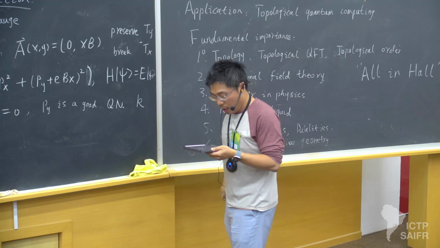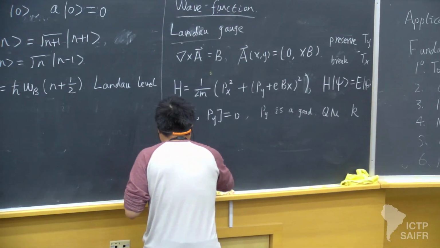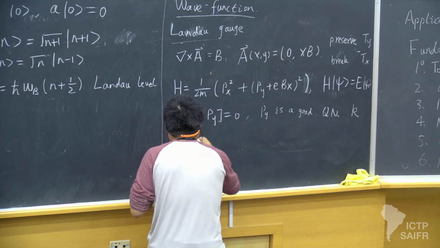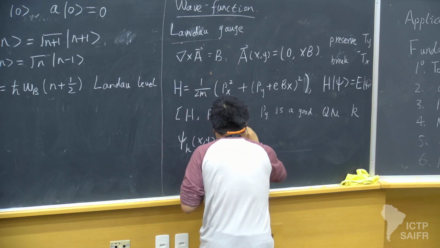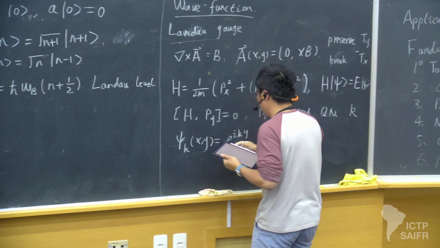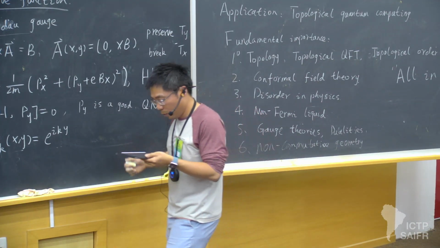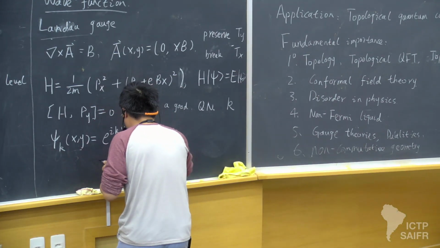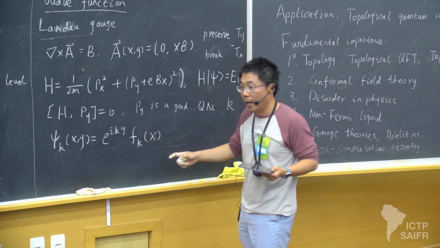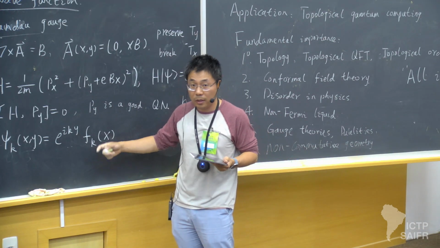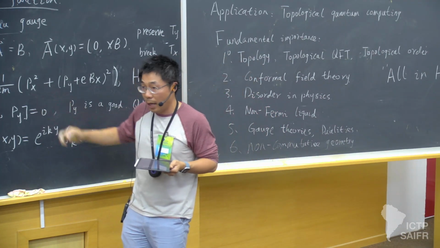Now I can label each eigenstate with this quantum number k, and it will have this exponential e^(iky) factor, which gives me the momentum along the y direction. And then it will be some function that only depends on x, and it also depends on the momentum k. That's the wave function ansatz you can write down for this eigenproblem.